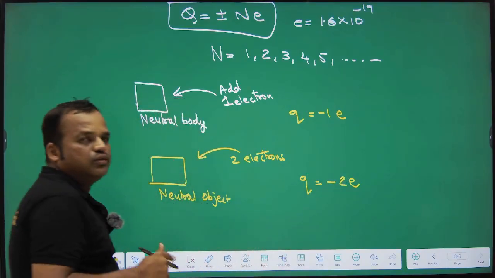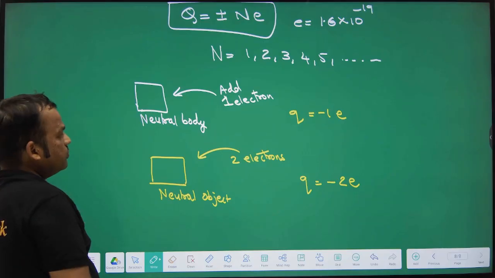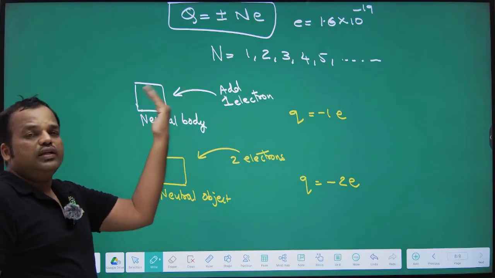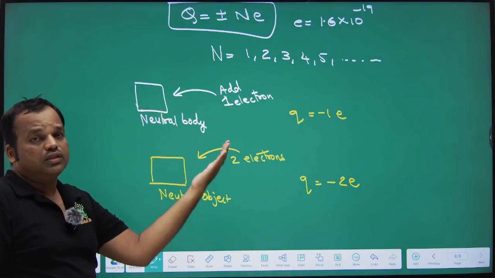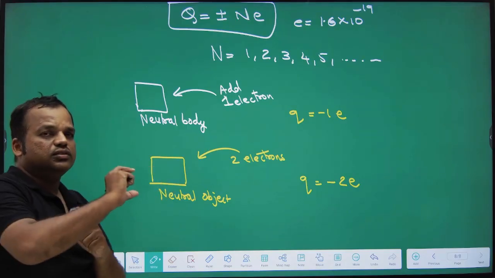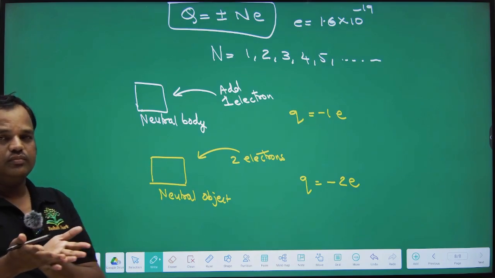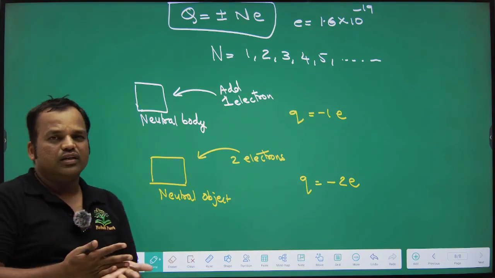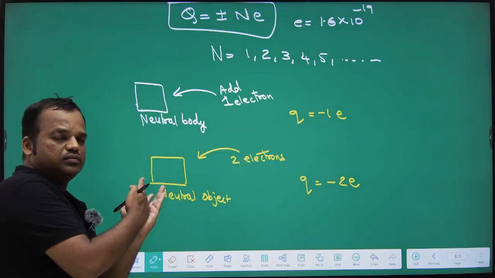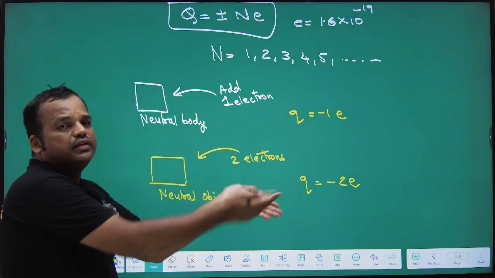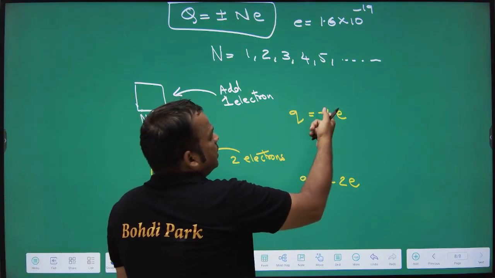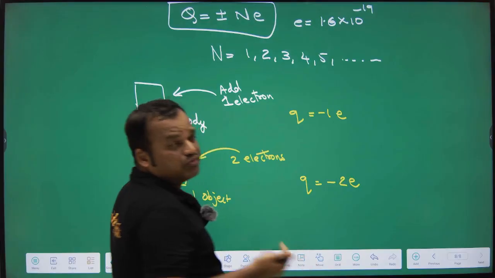For a neutral body, we can add only one electron or two or three electrons. The number of electrons added is a whole number. We cannot add half an electron or one third of an electron. Whole electrons can be added. Similarly, whole electrons can be removed. So that's why we see numbers like 1, 2, 3, 4 here.